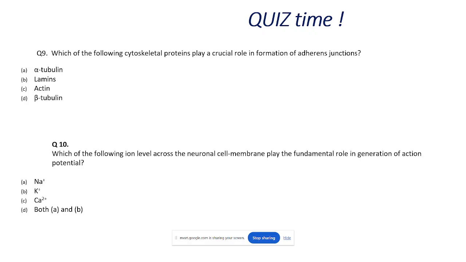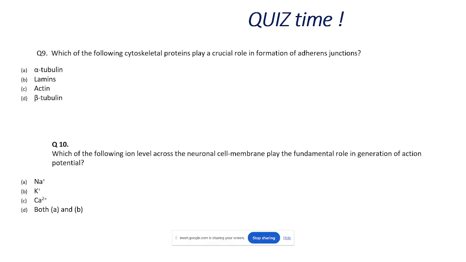Option C. And the last one, which of the following ion levels across the neural cell membrane play the fundamental role in generation of action potential? Sodium ion, potassium ion, calcium ion, or both A and B? So it is also quite a direct question.